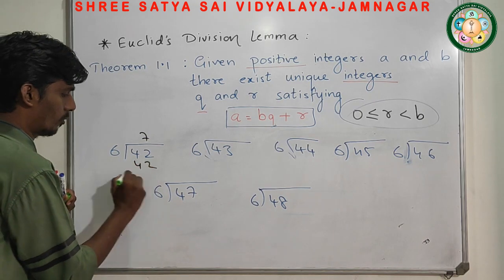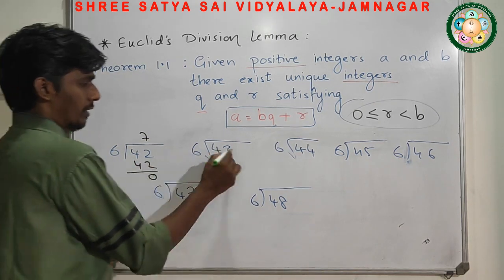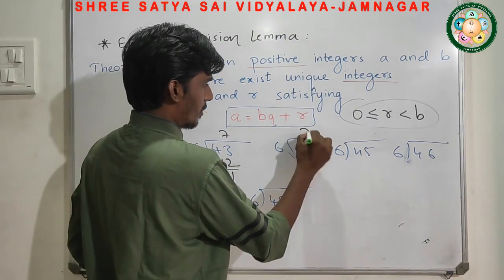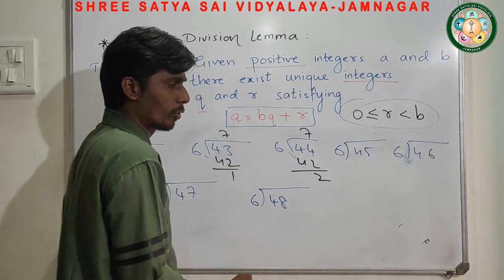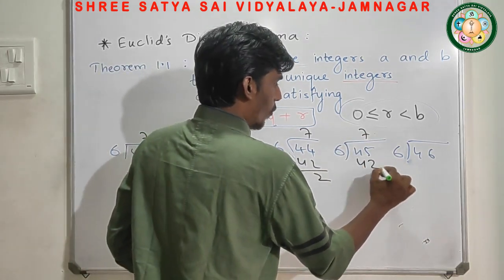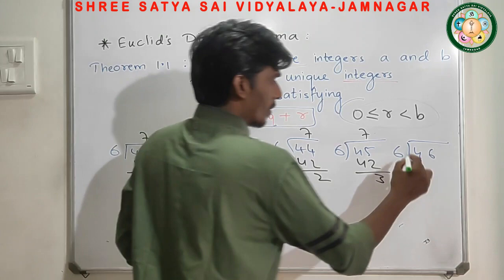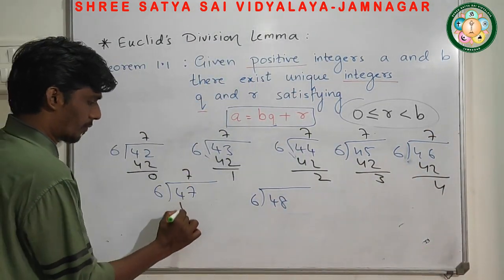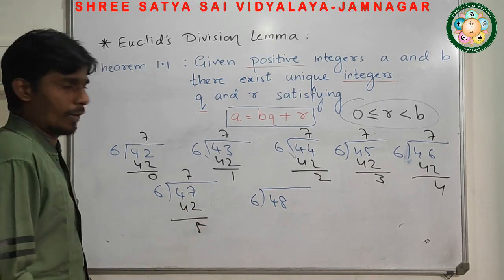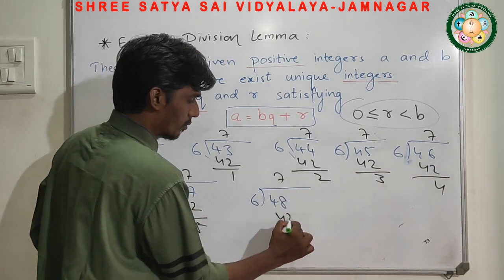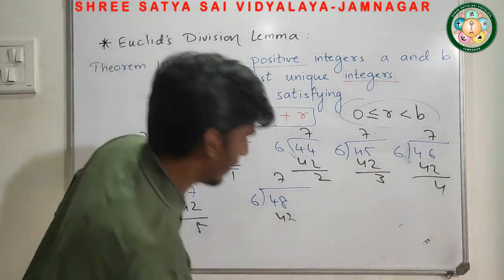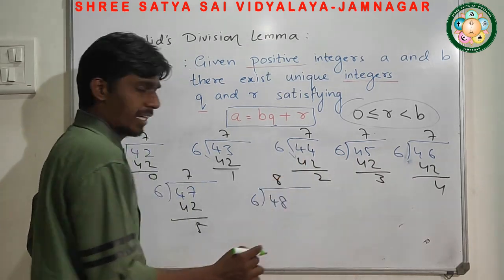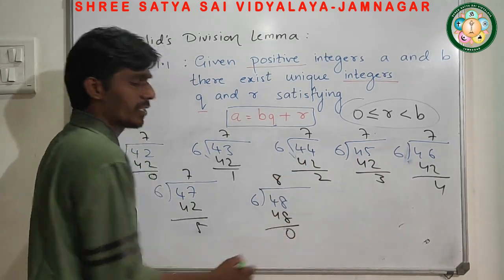6 7s are 42, remainder is 0. 6 7s are again 42, remainder is 1. Again 6 7s are 42, remainder is 2, then 3, then 4, then 5. Now it's not 7s, it will be 6 8s are 48, so the remainder is 0.